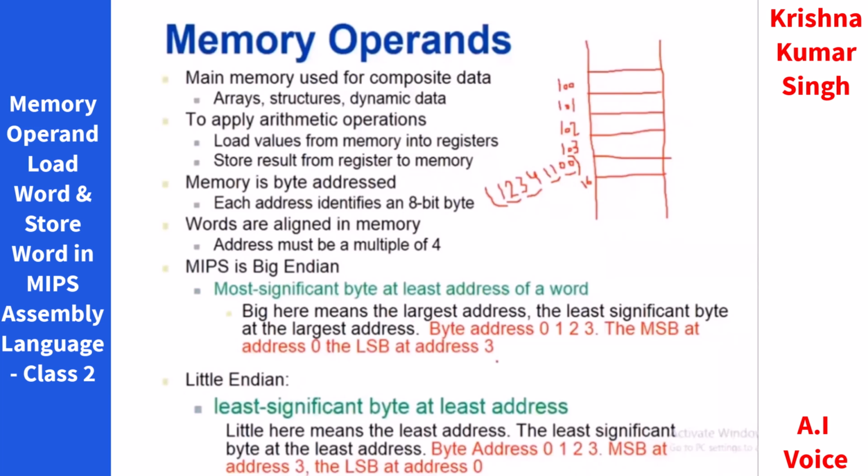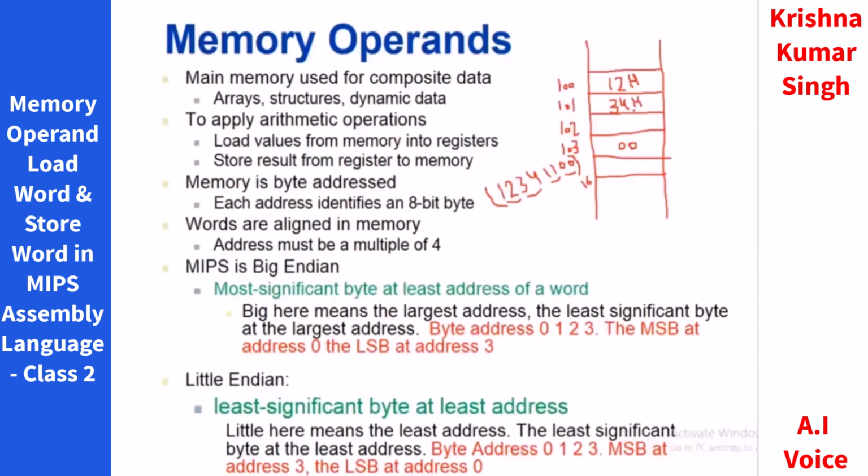Let's check it here. Big here means the largest address. In this example, 103 has the least significant byte. The least significant byte is this 00, so 00 will be here. And 12, the most significant byte of this number, will be stored in this one. 34 and 12 are in hexadecimal. I show it by putting H here.